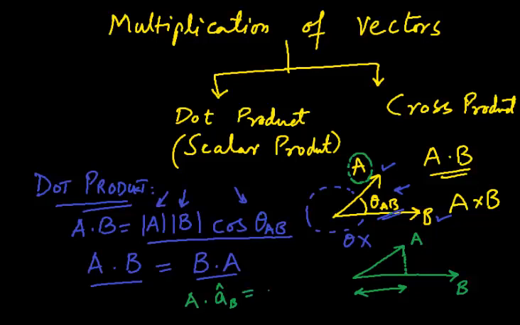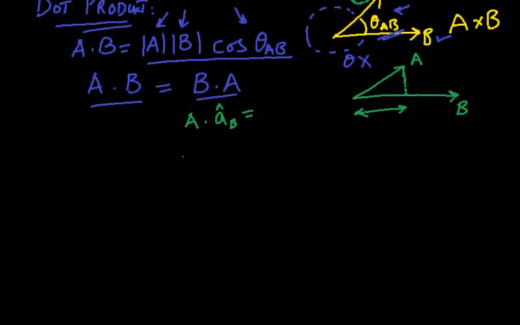This gives you the projection of A along B. And likewise, if you want the projection of B along A, then you multiply vector B with the unit vector of A.